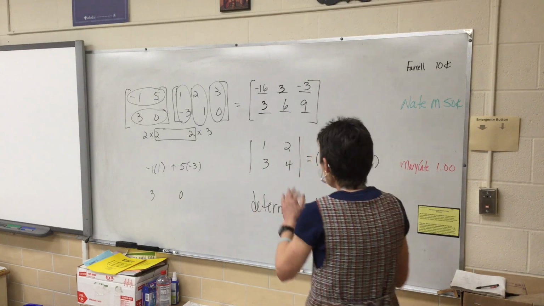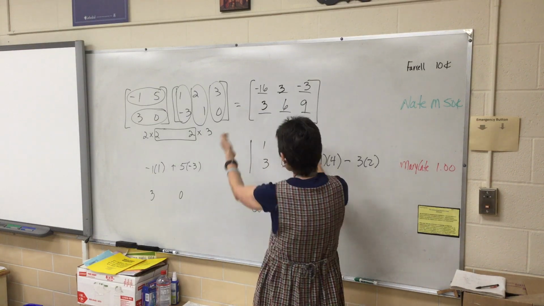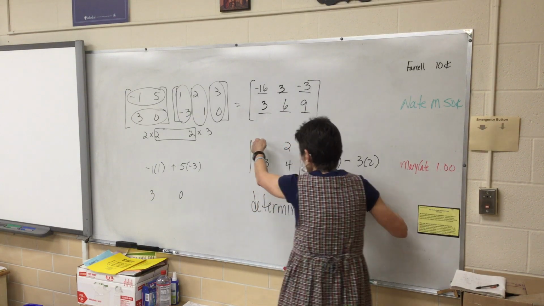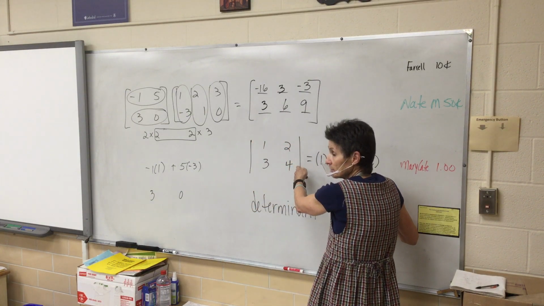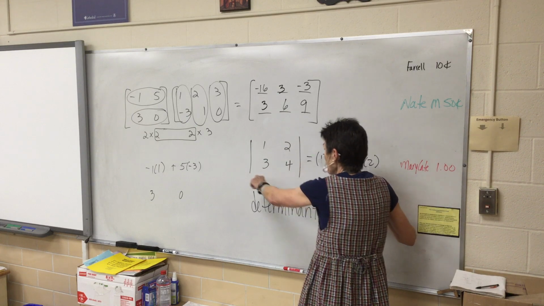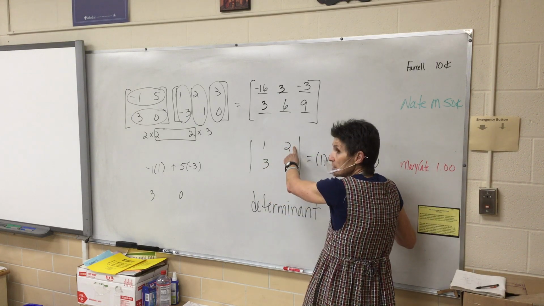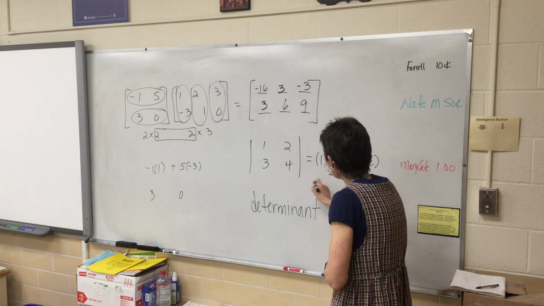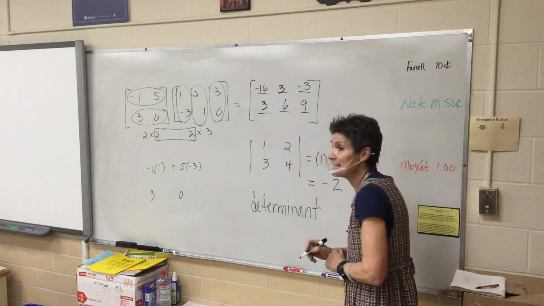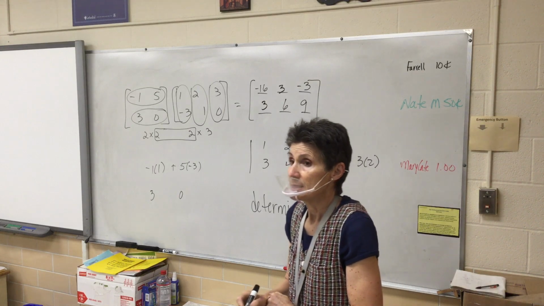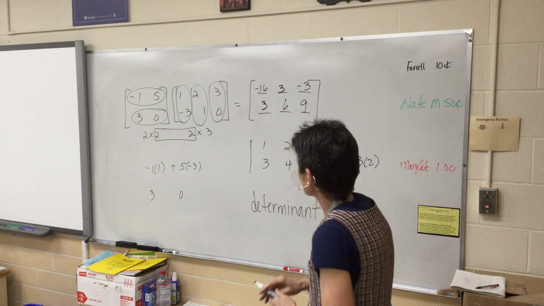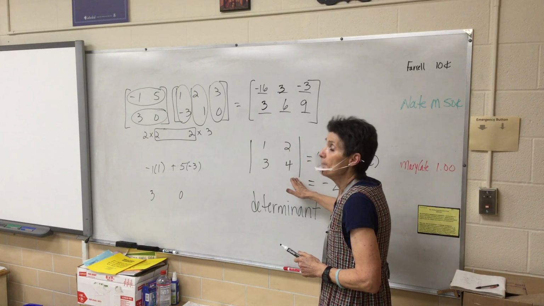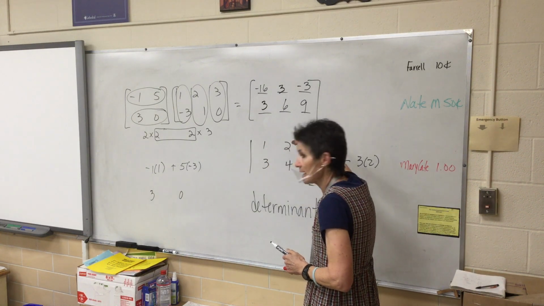So to find a determinant, and you know you're going to do this when you have these vertical lines, you multiply this diagonal, 1 times 4, you multiply this diagonal, 3 times 2, and you subtract those. So the answer to this problem is -2. So it's this diagonal minus this diagonal.